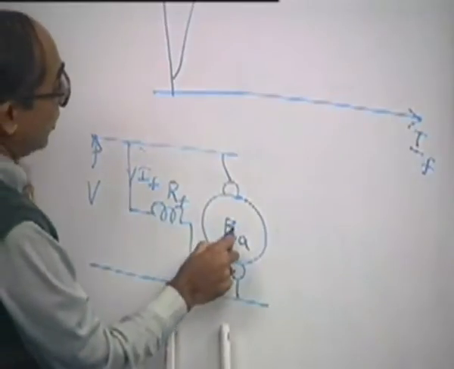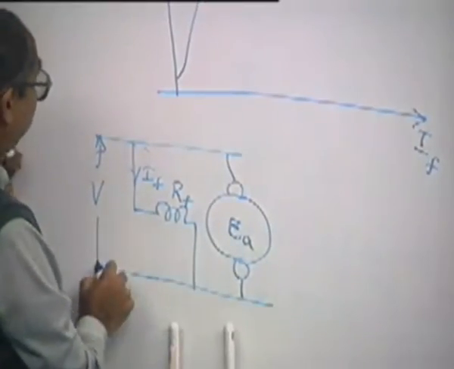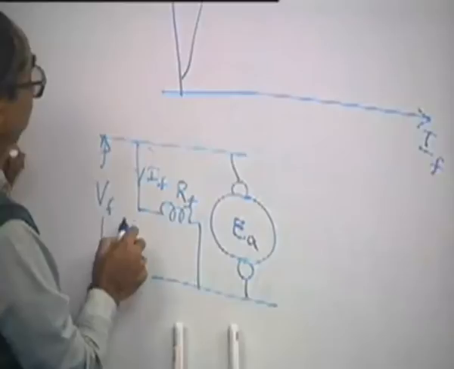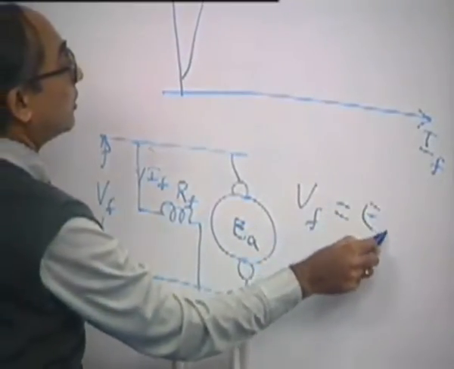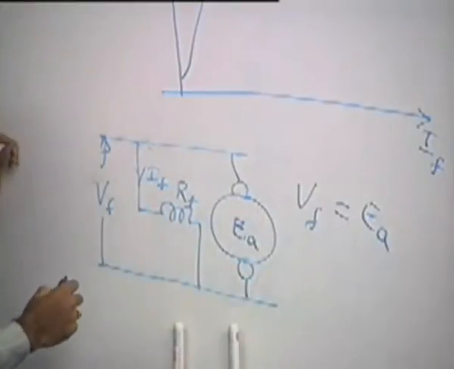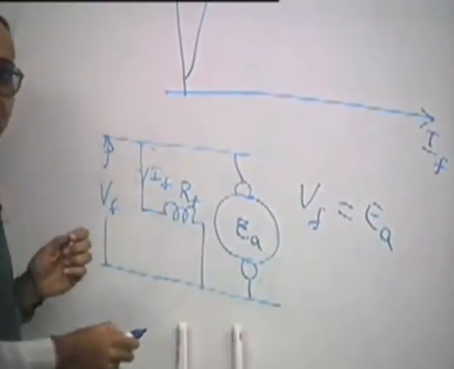Neglecting the resistance, approximately VF will be equal to EA, right? Now how do you get EA in the first place?